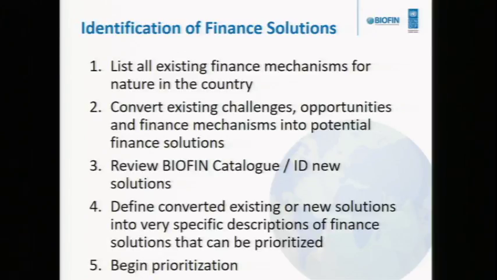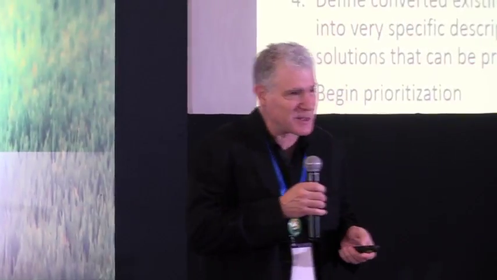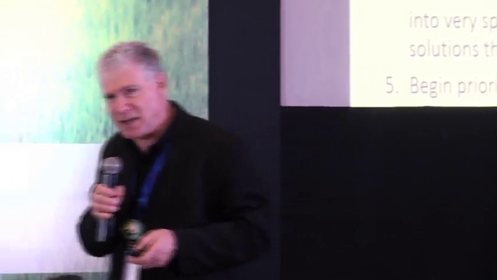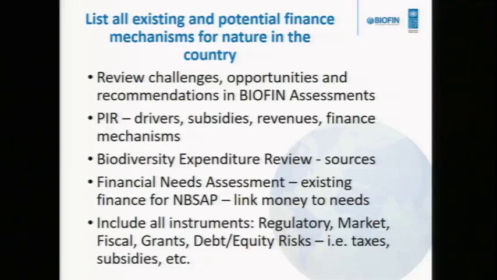And then you define these converted existing or the new solutions into very specific descriptions of finance solutions. That specificity, how detailed those descriptions are, is the essential part of this whole process. And then you can begin prioritization. So let's go through these different steps here.